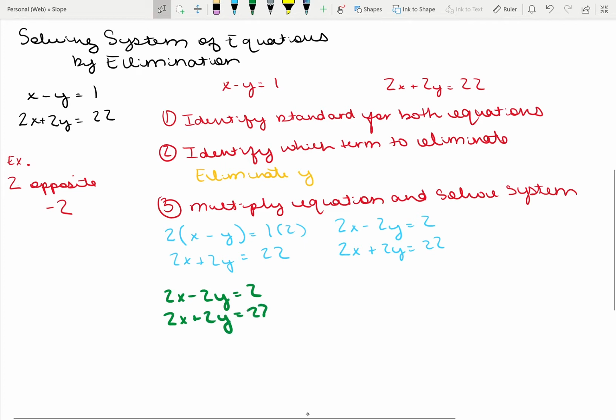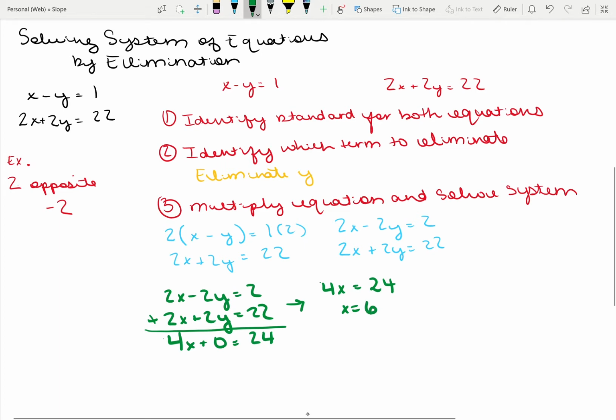Notice how I changed my color as I was getting ready to do the next step. So I have 4x, and negative 2y plus 2y gives us 0, is equal to 24. Then of course if we simplify, we have 4x is equal to 24, where x is equal to 6.